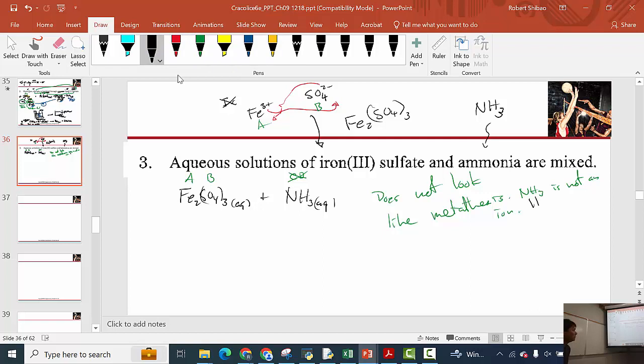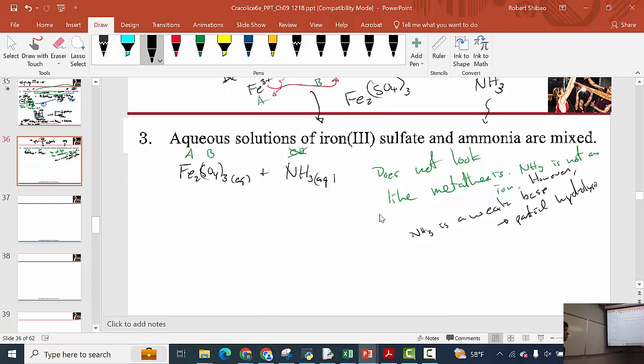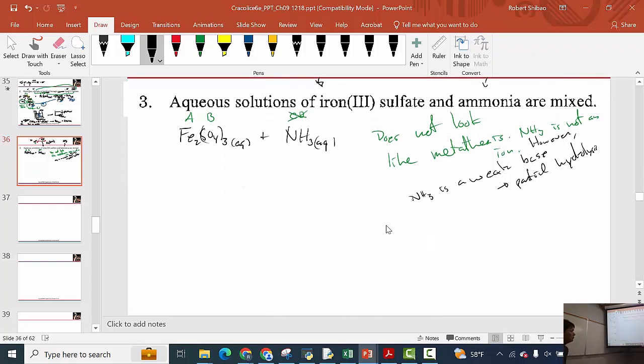However, ammonia is a weak base. Ammonia is a weak base, which means partial hydrolysis. So ammonia will partially hydrolyze water.